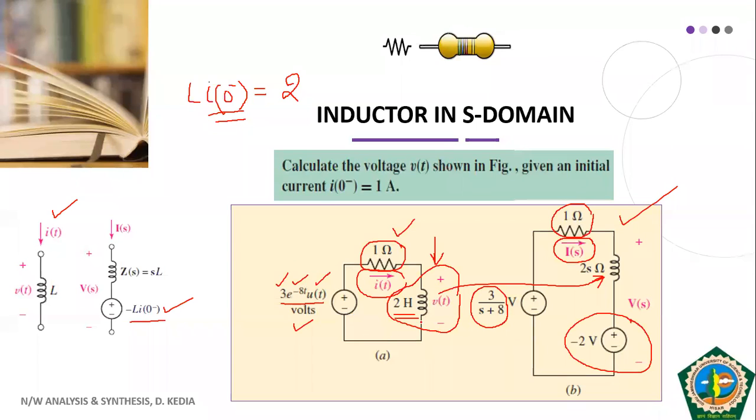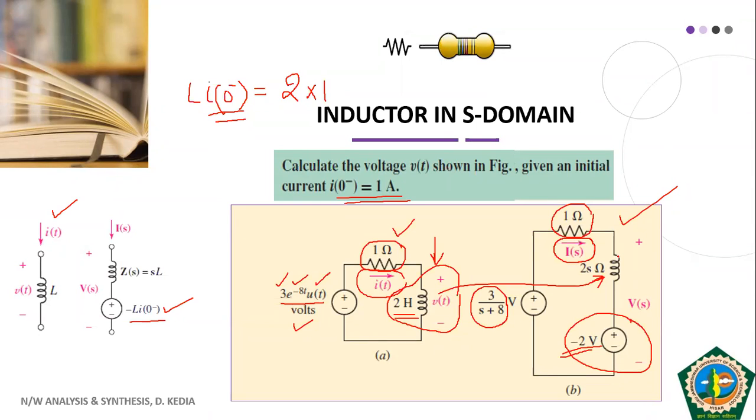This is not clear from the circuit, but if you look in the numerical question, I0 minus has been given as 1 ampere. So Li0 will be 2 into 1, that is 2. And since we have to represent minus Li0, this is nothing but minus 2 volt. So this is how we simply represent our given circuit as a Laplace equivalent circuit.